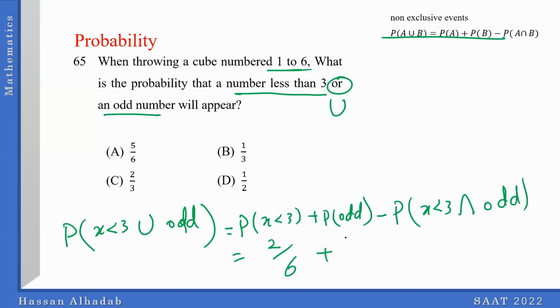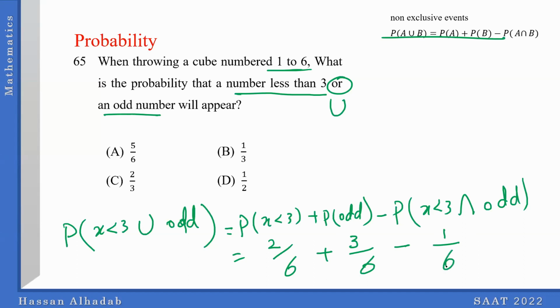How many choices for getting an odd number in a cube? 3 out of 6. And how many numbers which are odd and less than 3? 1. So this is 1 over 6.